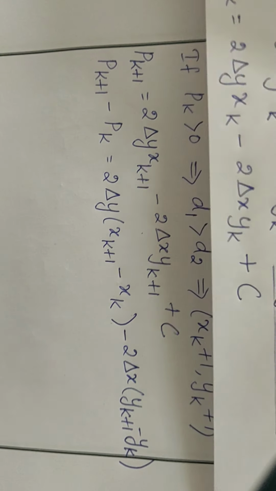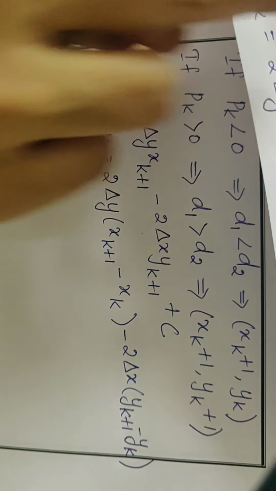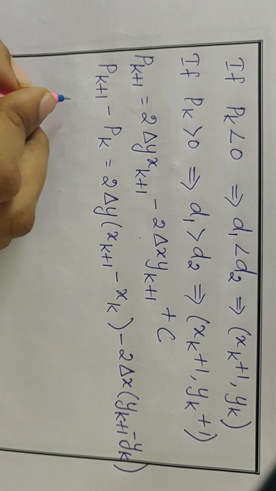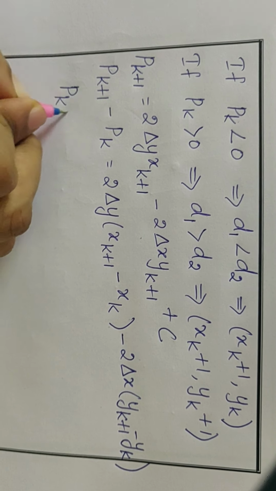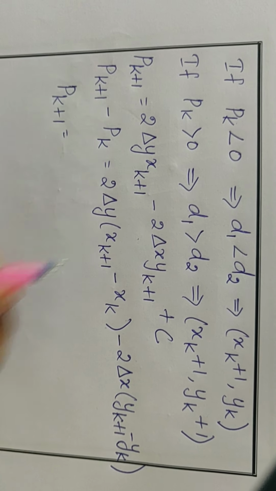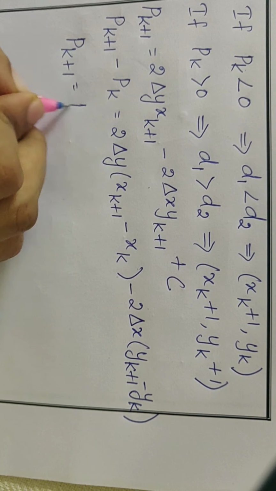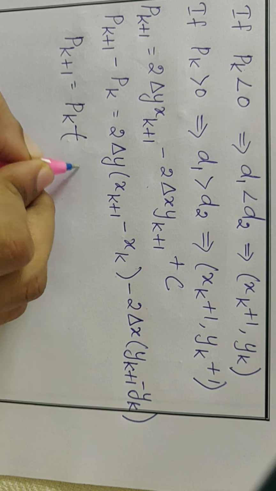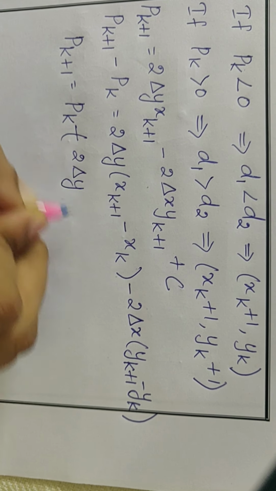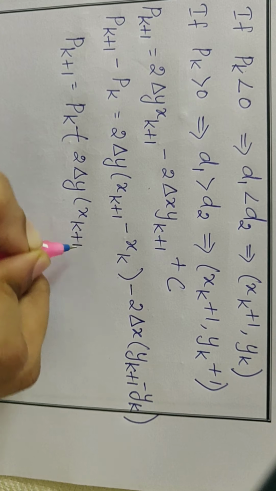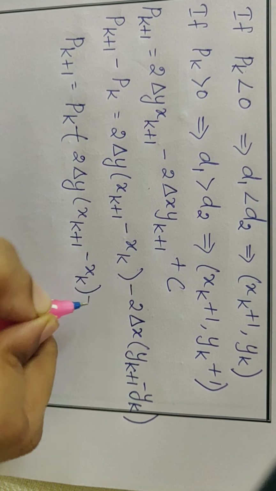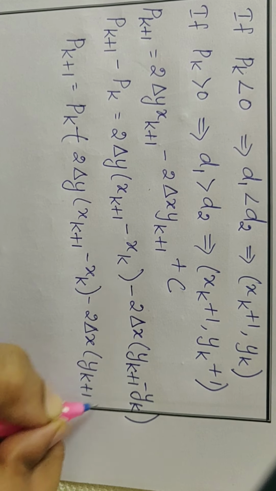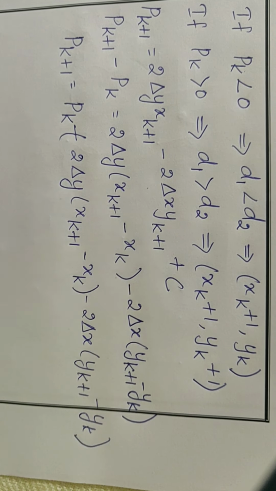From this I write pk plus 1. Pk plus 1 is equal to, moving this pk to the right hand side, pk plus 2 delta y times xk plus 1 minus xk minus 2 delta x times yk plus 1 minus yk.